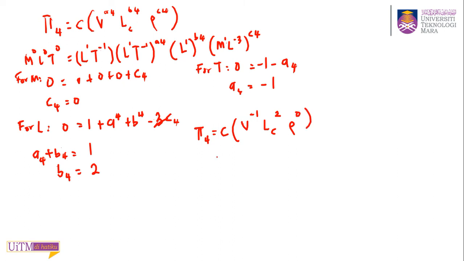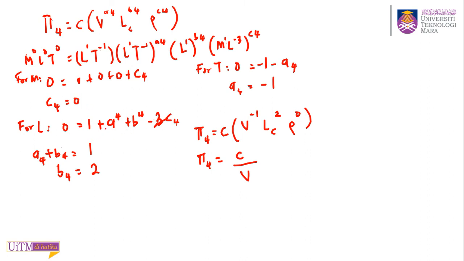Okay, so pi 4 will be equal to C over V. For L, 0 equals 1 plus A4 plus B4 minus 3C4, so A4 plus B4, C1 and C4 is 0.